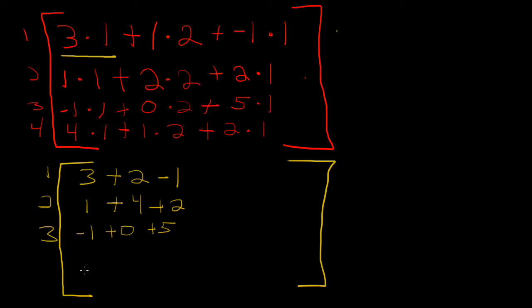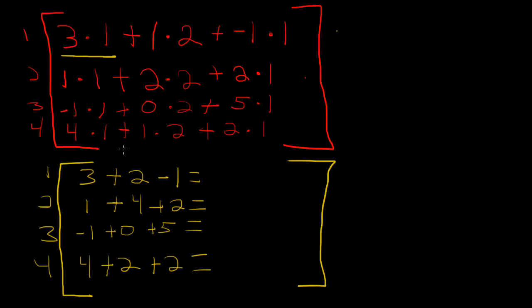We go to the bottom, and now we have our last row. 4 times 1 is 4, plus 1 times 2 is 2, plus 2 times 1 is 2. So as you can see here, these are going to be summarized into a simple number because we can simplify the answer once we add them all together.